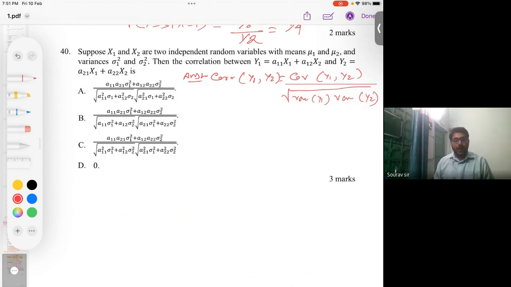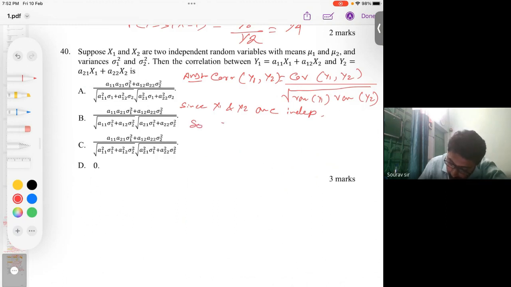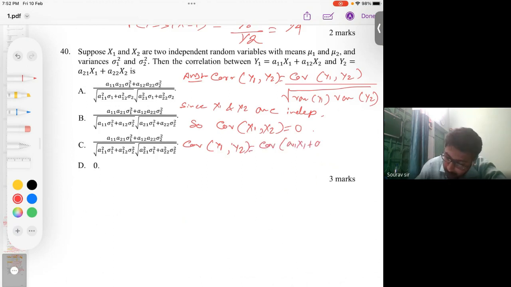Now X1 and X2 are independent, so the covariance of X1, X2 will be 0. So the covariance of Y1, Y2 will be the covariance of a11 X1 plus a12 X2, comma, a21 X1 plus a22 X2. To solve it, I'm starting from the next line because it's a lengthy expression.